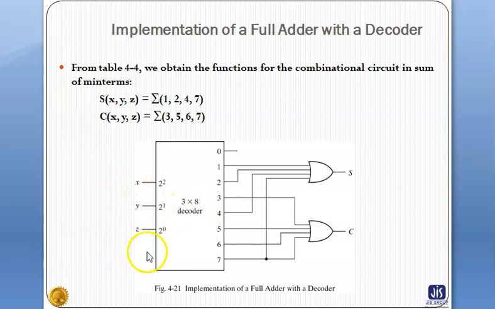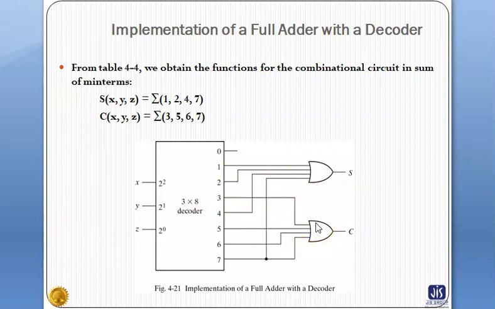As per the input combinations, one of the 8 output lines will be activated. As per the output expressions there are 2 OR gates, and the output lines 1 2 4 7 are given to the S OR gate, and 3 5 6 7 are given to the C OR gate, and as per the input combinations these output lines are connected to these OR gates.